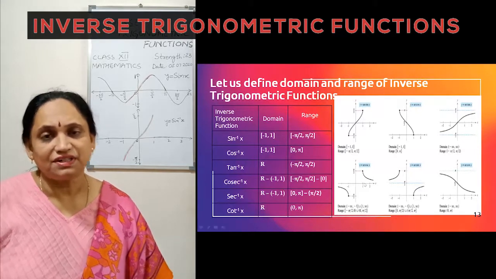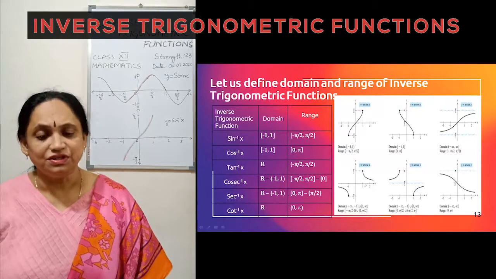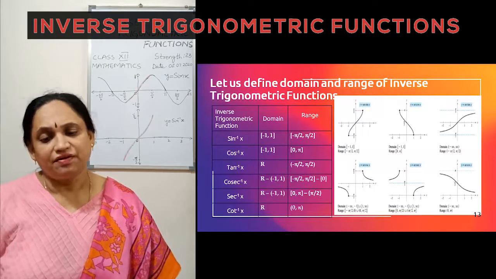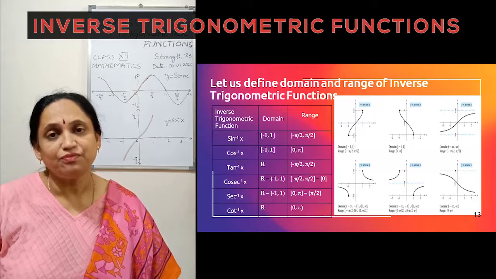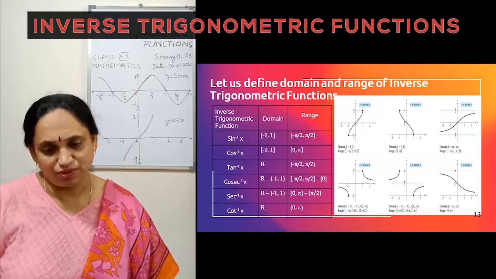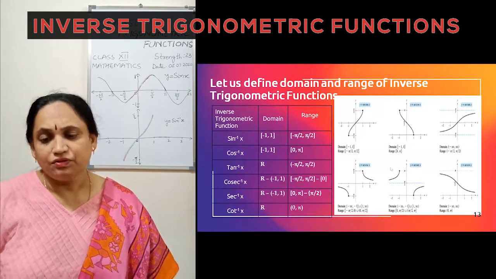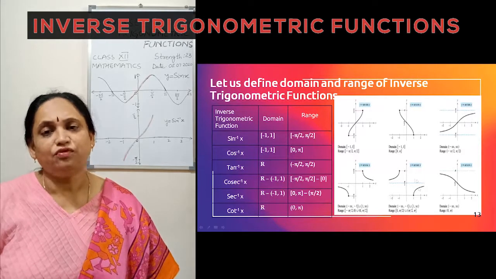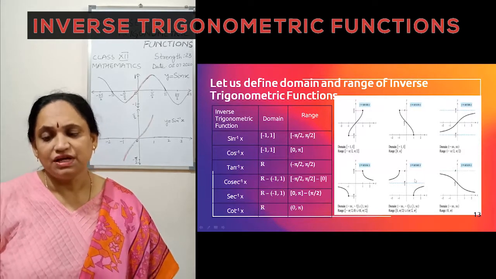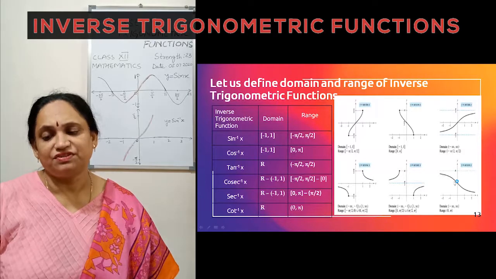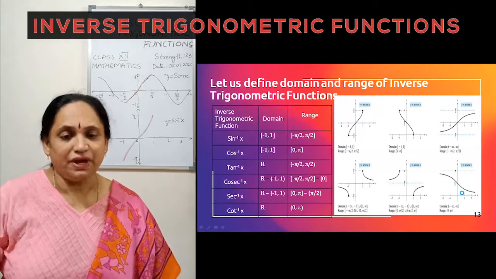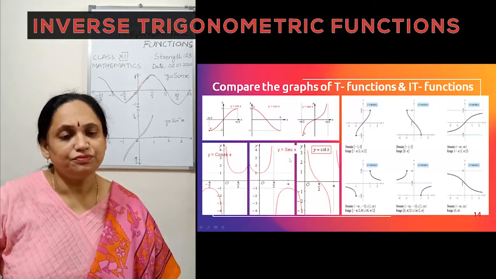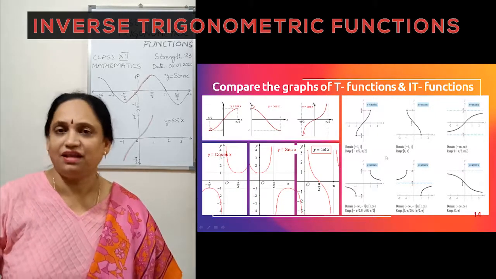For the cosecant inverse function, the domain is the set of all real numbers except the real numbers which are between minus 1 and plus 1. You can see the same is the domain for the secant inverse function, and for the cot it is minus infinity to plus infinity.